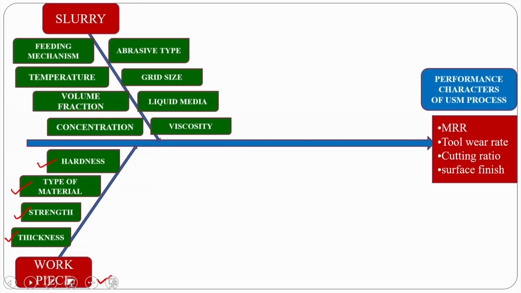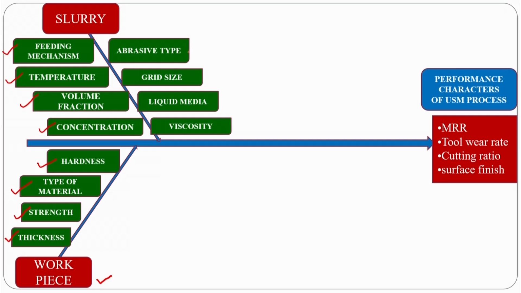The slurry is nothing but the abrasive particles as well as the carrier medium like water or some other liquids. So, the feeding system, how you are feeding, whether you are feeding with force, whether you are feeding by gravitational action or something. Temperature of the slurry also plays a major role, and the volume fraction of abrasive particles to the carrier medium and the concentration, how much concentration we are sending.